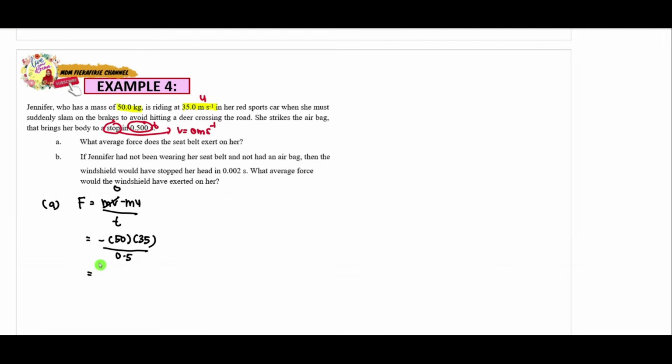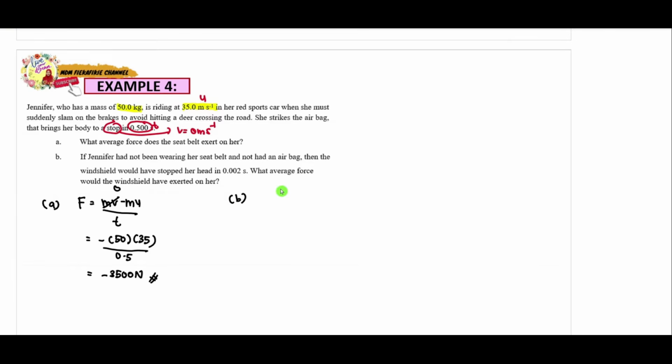Therefore, the average force that the seat belt exerts on her is equal to negative 3,500 Newton. Okay, so this is the force exerted by the seat belt on her. Okay, finish question A.